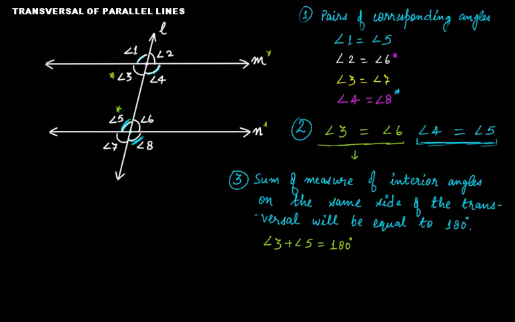And similarly, angle 4 and angle 6 are two interior angles on the same side of the transversal. These two interior angles are towards the left and these two are towards the right of this transversal L. So angle 4 plus angle 6 will be equal to 180 degrees.